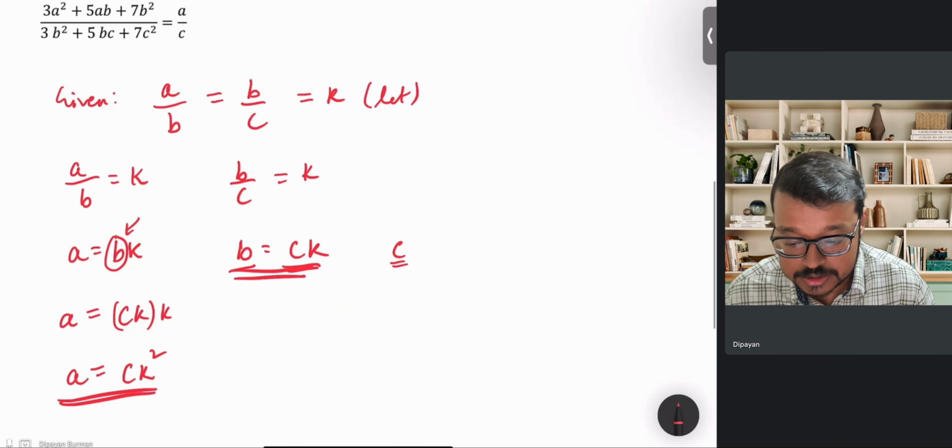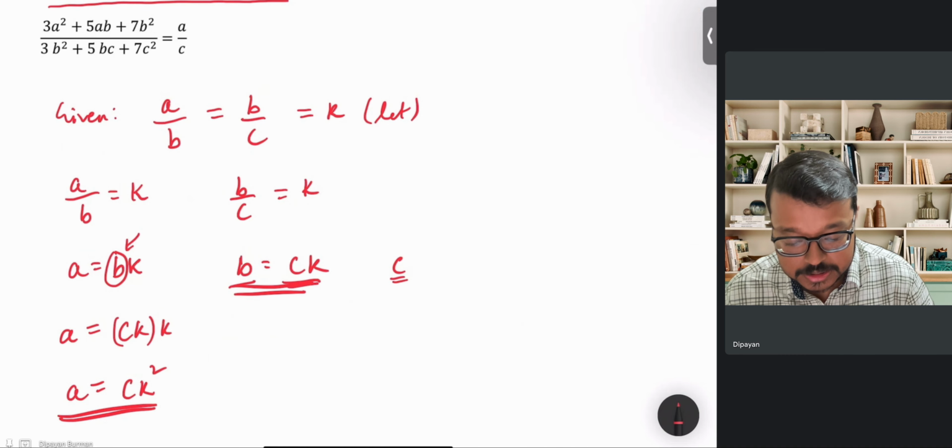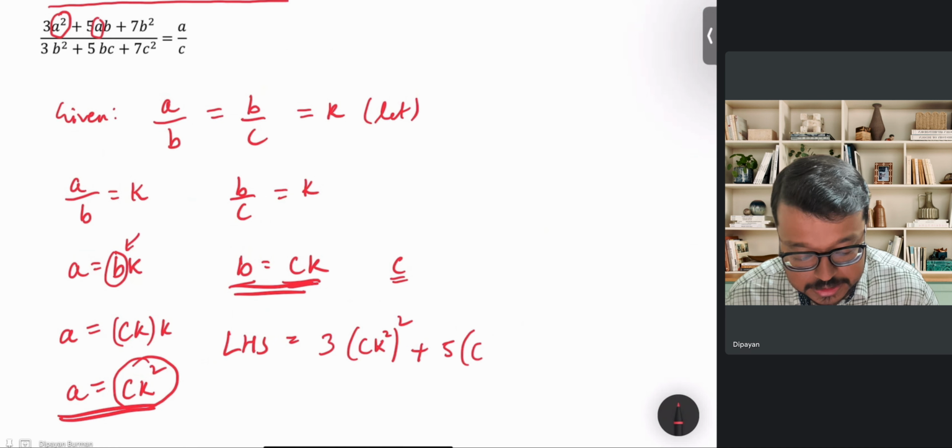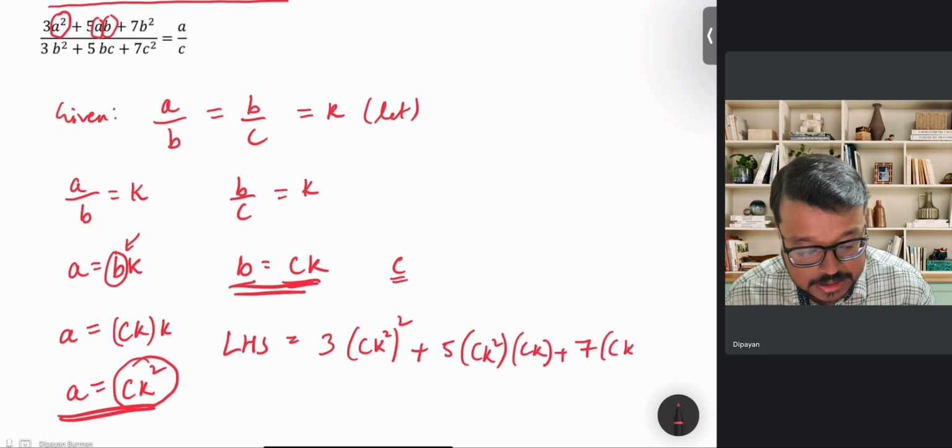So in the LHS, I will do the substitutions like this. LHS will be equal to, now I have 3A square. A is same as CK square. So LHS is 3 CK square whole square. You have to do this very carefully. Then the second term is plus 5AB. A is CK square and B is CK, plus 7B square, so 7 CK square.